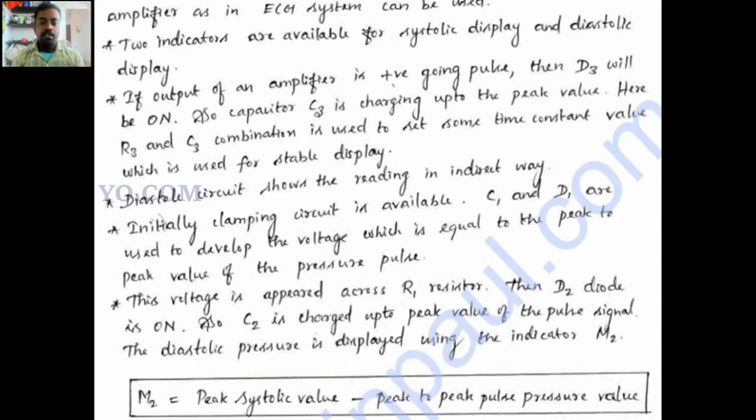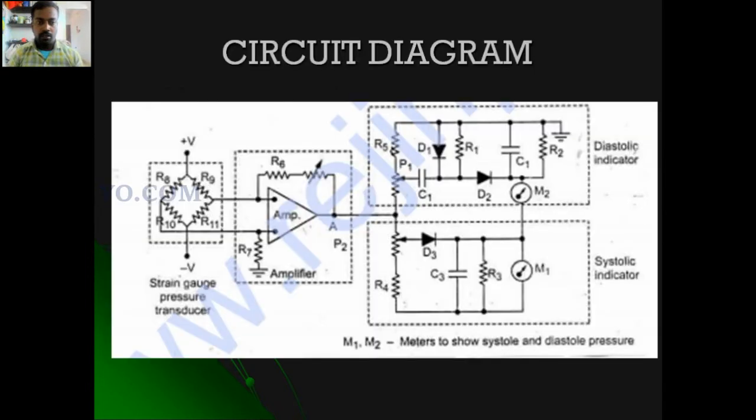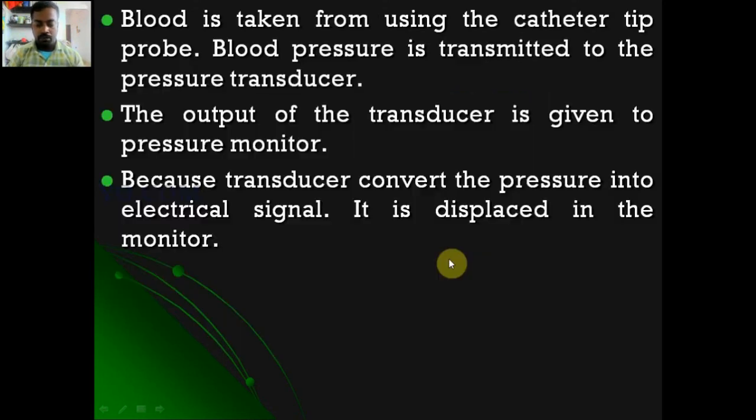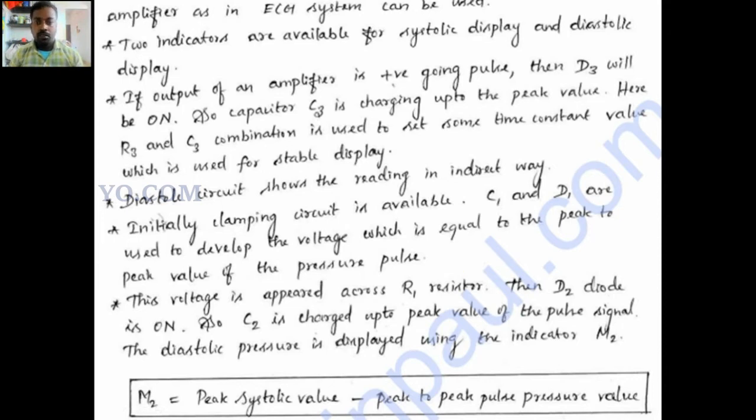Understand, when the amplifier output is positive going, D3 is switched on. If the signal is positive, D3 is forward biased and switched on, then the capacitor charges to the peak value.